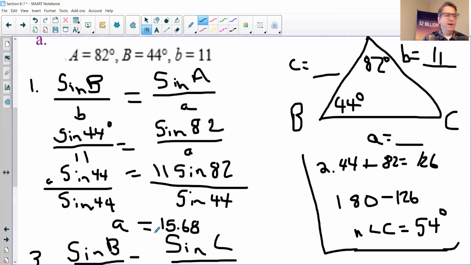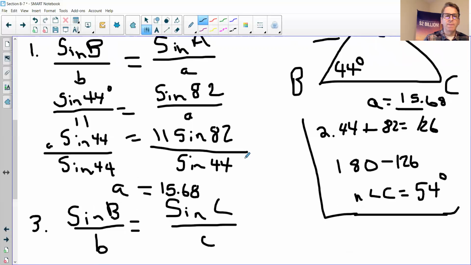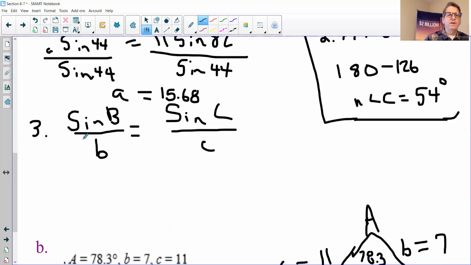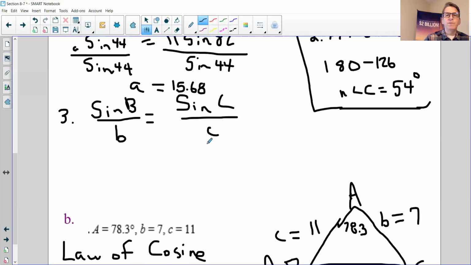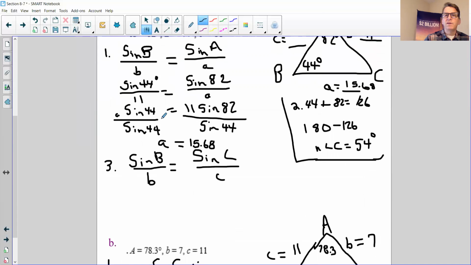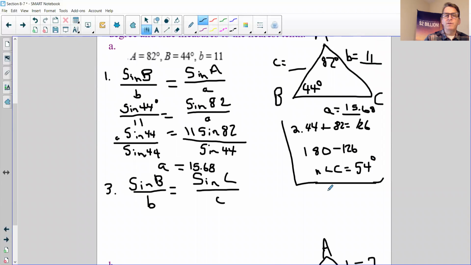We found A down here at 15.68. Put that in there. We have B given to us. Now the last step, we're going to find C. We're going to use the law of sines again for C. As you can see, we've got sine of B over B and sine of C over C, and we have our two angles there.